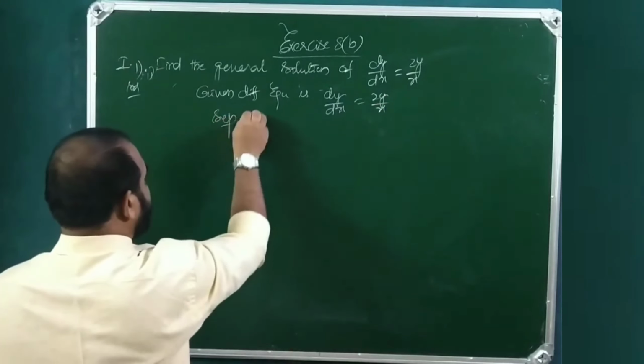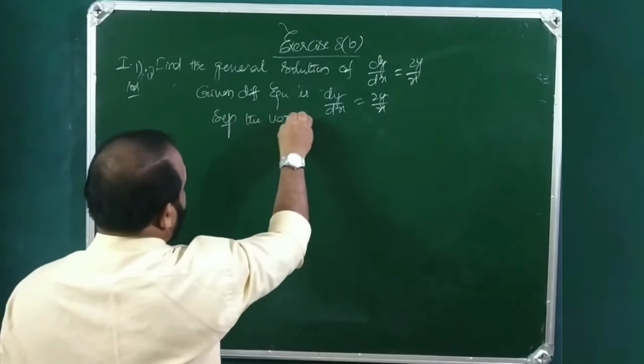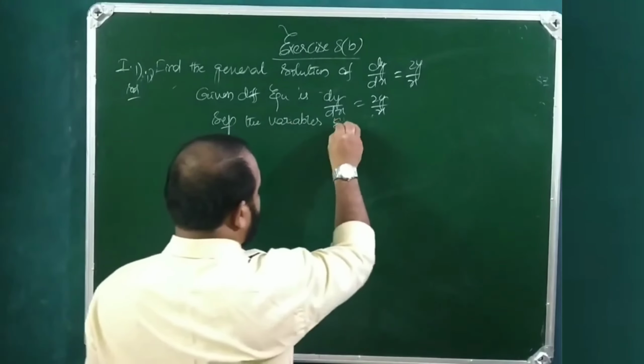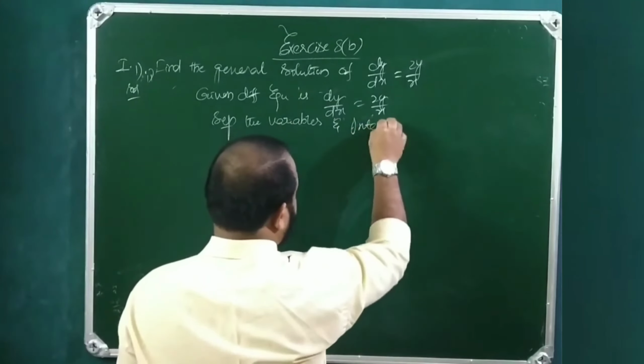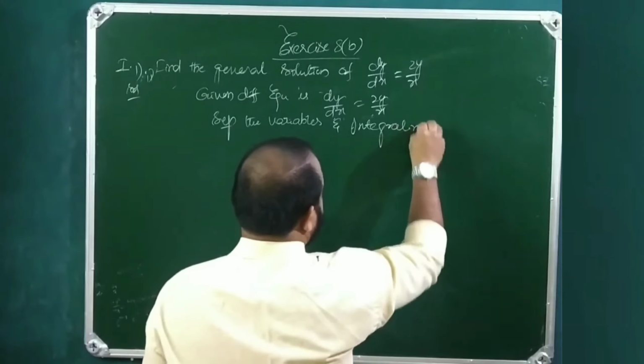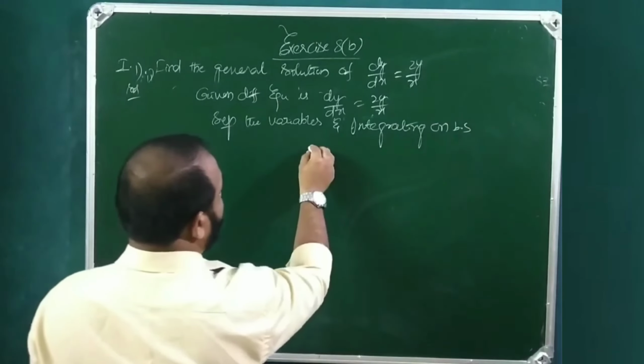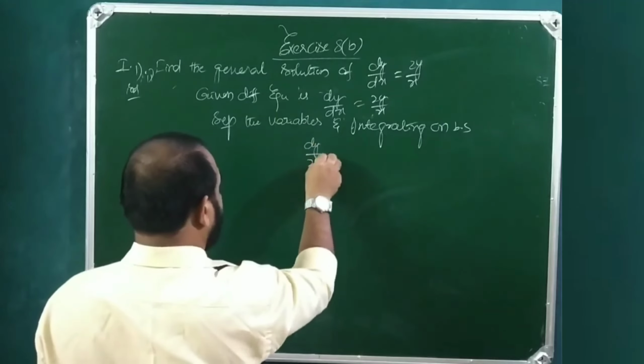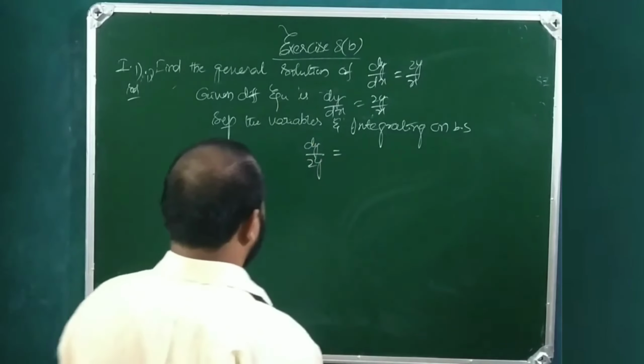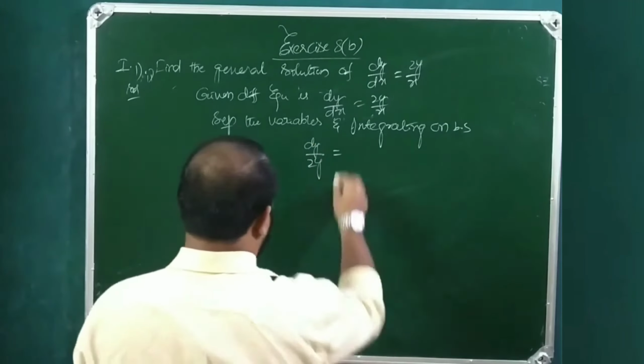Separating the variables and integrating on both sides, we get dy by 2y is equal to dx by x.